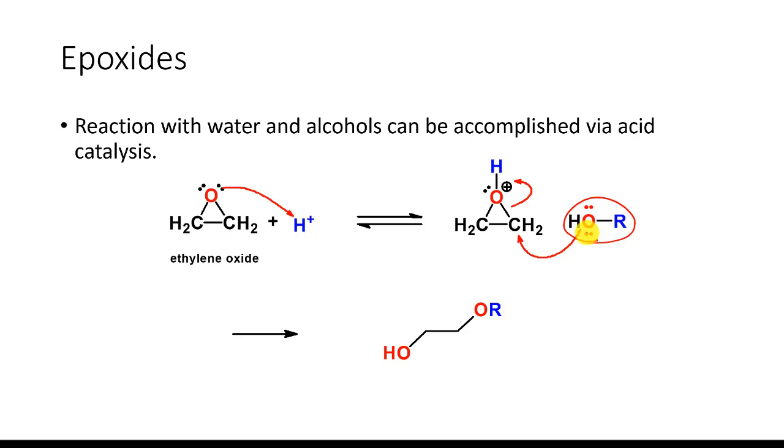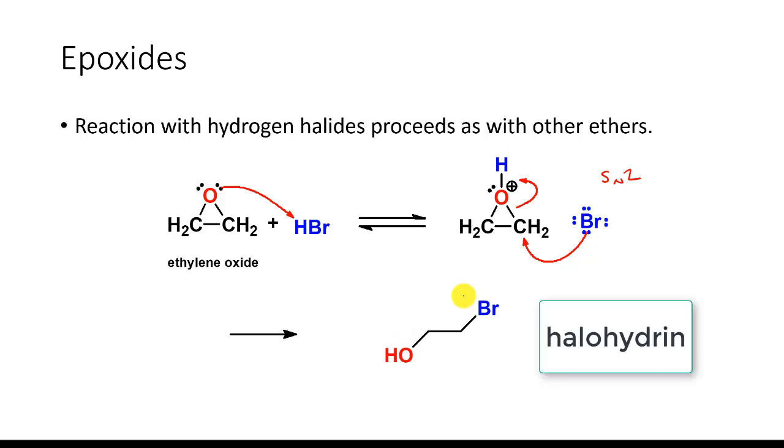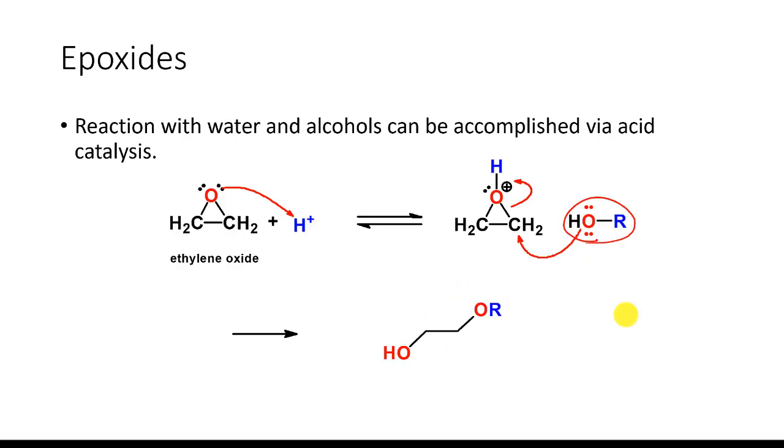And so you can form another ether with an alcohol substituent forming from the other side. So again, you can have epoxides react with HBr, and you can form an alcohol alkyl halide. It's called a halohydrin. And when in the presence of an alcohol, what you do is you form this ether on this end from the alcohol when it attacks.